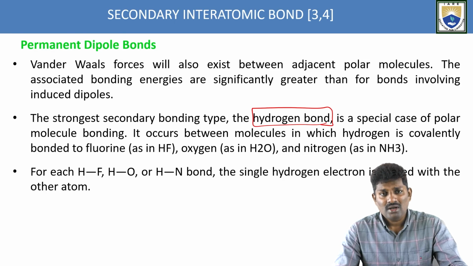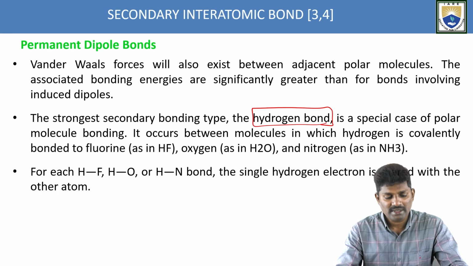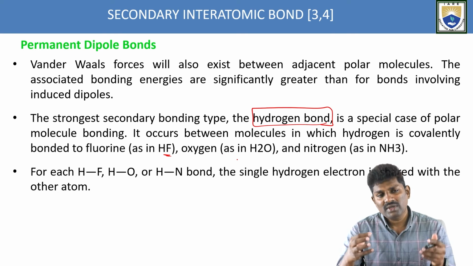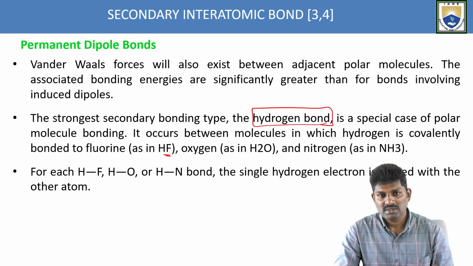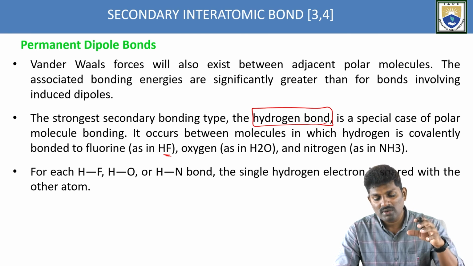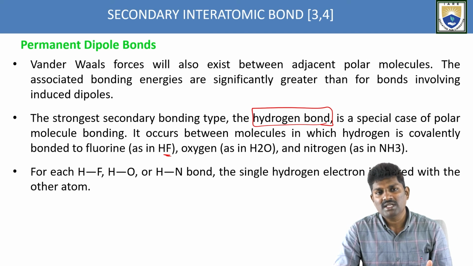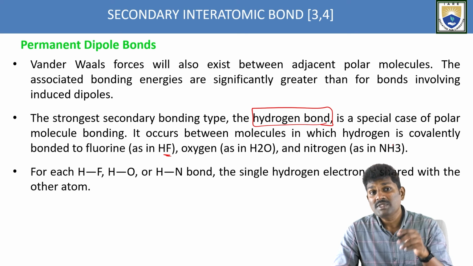Why? Because the hydrogen is already covalently bonded. So in general it is having a covalence inside. So based upon that covalence, if you arrange another atom such as fluorine or oxygen to hydrogen, then you can easily get a good bond compared with the other secondary bonds. Since the hydrogen is already an existing covalent bond, because of that covalent bond we are adding some other materials from the secondary, then you're getting a strong bond in some special cases.